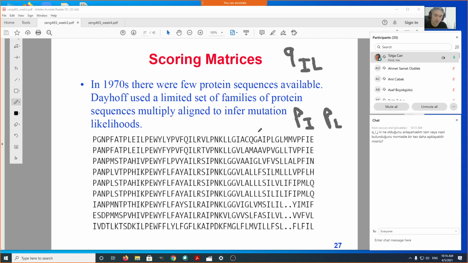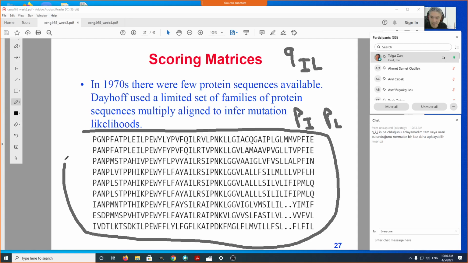We could also refer to the table that I showed you on the web for these, but imagine this is the only thing we know about the protein universe. These are proteins from different organisms, or they may be paralogs within the same organism, but these are different protein sequences that we know are homologs.